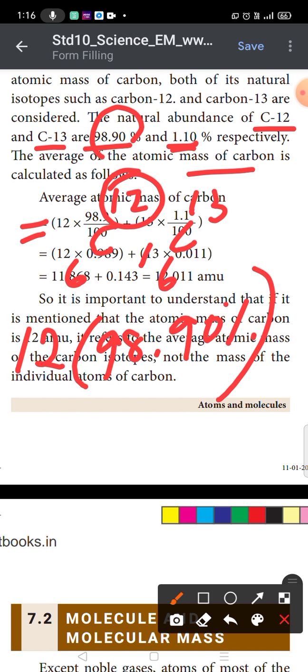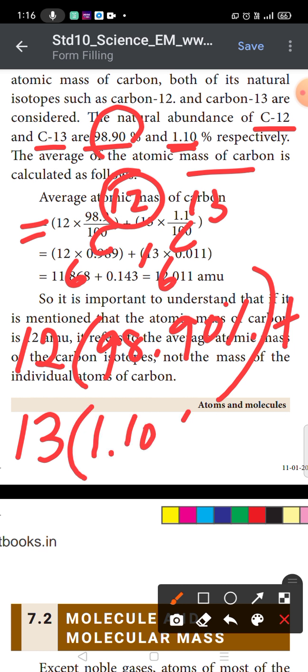After that plus, because we are going to calculate the average atomic mass, so definitely you have to put plus there. We have to add. And the next one is atomic mass 13, having 1.10 percentage. That's all. In the next line, we can write 12 into 98.90 percentage. If percentage is there, what is the meaning? Divided by 100.